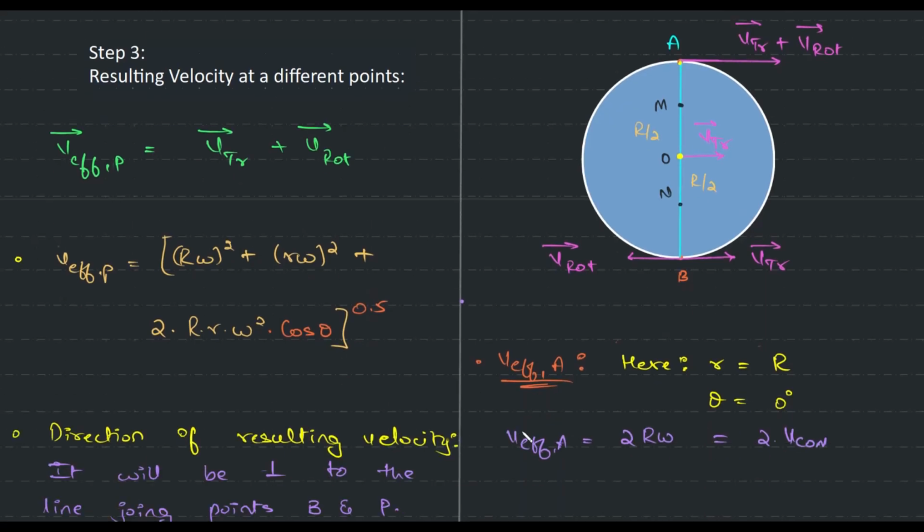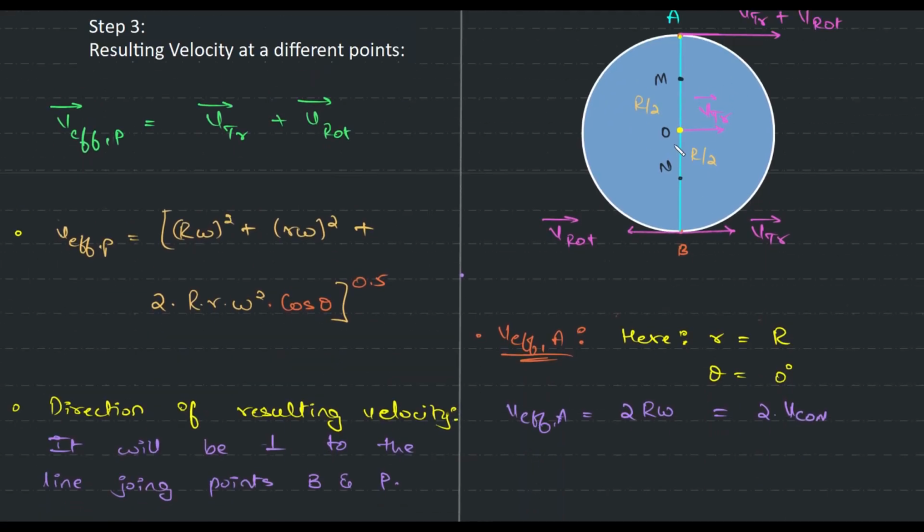Now, halfway, what will it be? Or we can go with point O. Point O is quite simple. It's just V com. And at the bottom, that's also very simple. V effective at point P. Here r is minus R and theta is equal to 180 degrees.